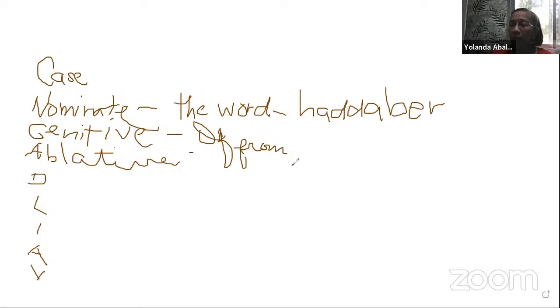And then we have dative, locative, instrumentative. Dative, locative, instrumentative.